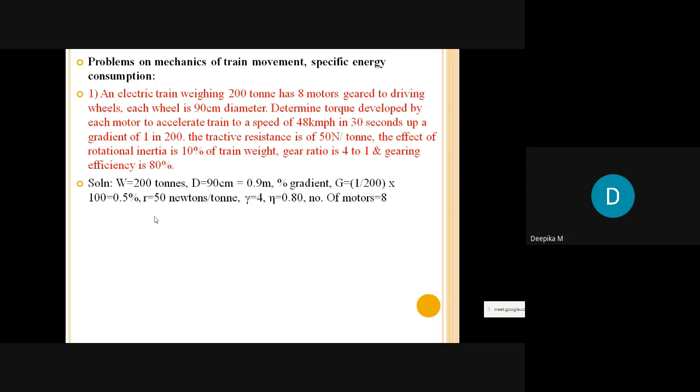Our train resistance is 50 newtons per ton, gamma is 4, eta is 0.80, and the number of motors is 8. So this is the given data.